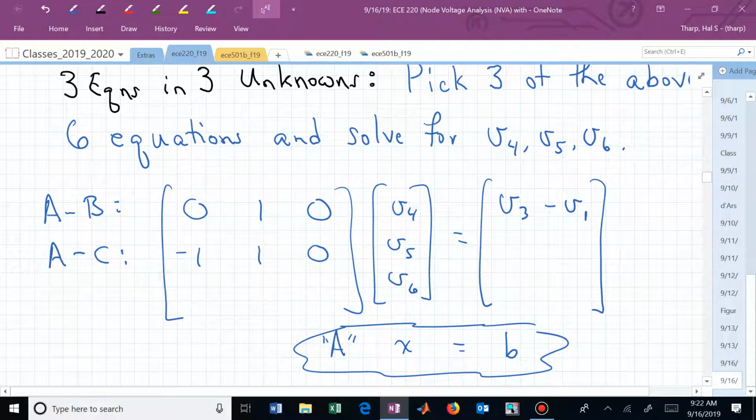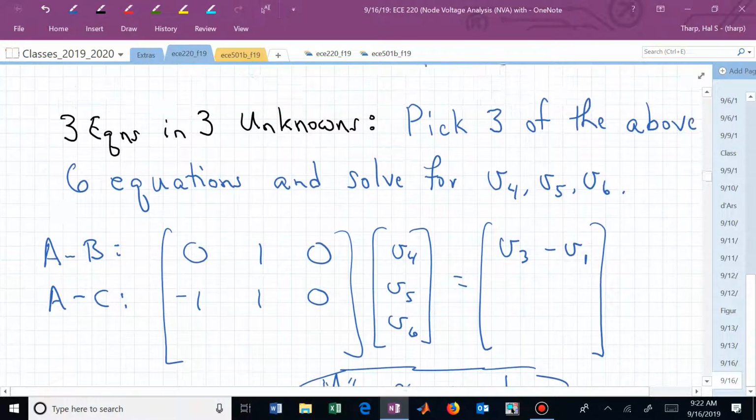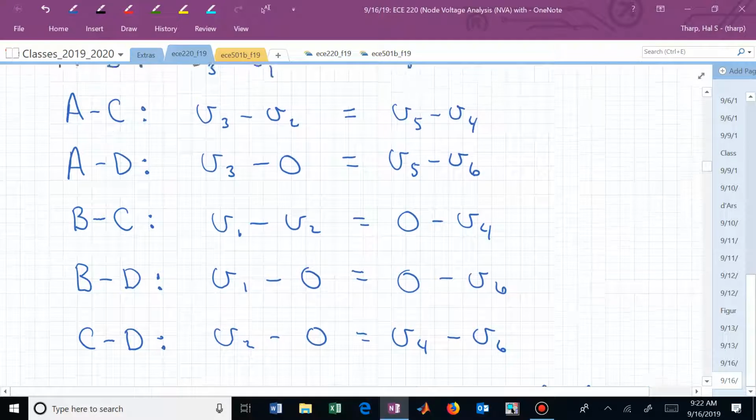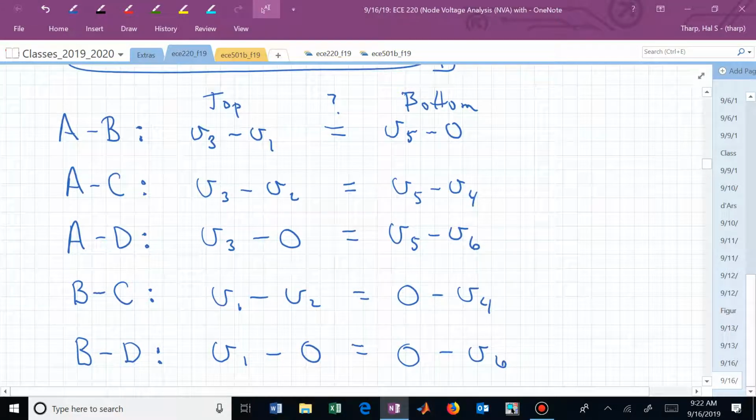So what is this first matrix? This first matrix is really just trying to produce the linear combinations of V4, V5, and V6 that we're trying to identify from this right-hand side.